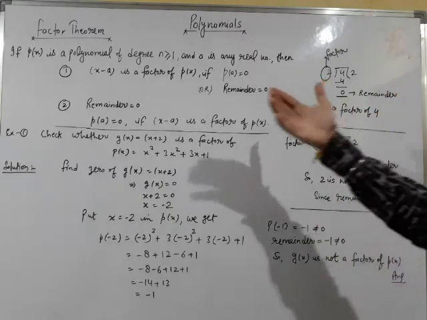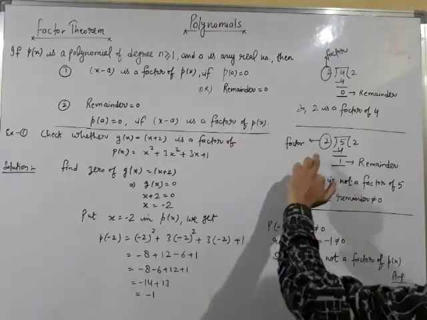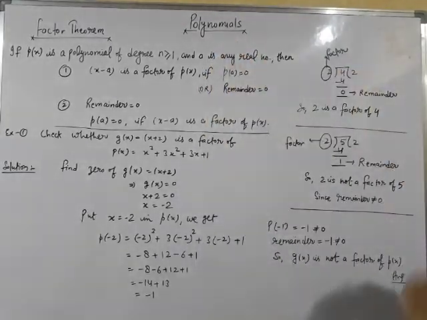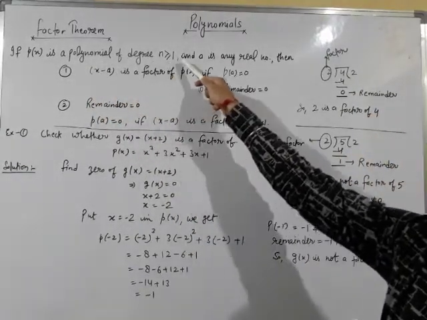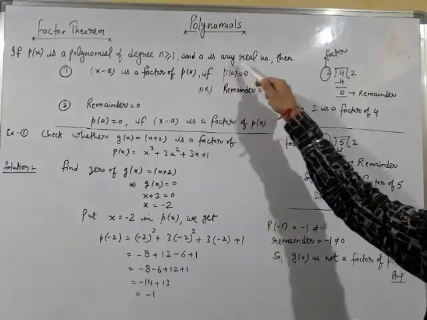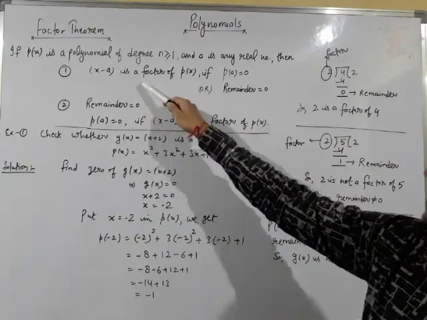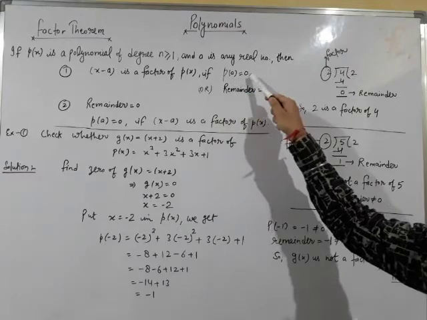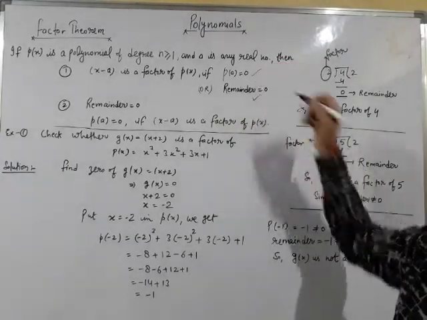This is known as the factor theorem. Now we will apply this factor theorem on polynomials. If p(x) is a polynomial of degree n greater than or equal to 1 and a is any real number, then x minus a is a factor of the polynomial p(x) if p(a) is equal to 0, and you know p(a) is the remainder.